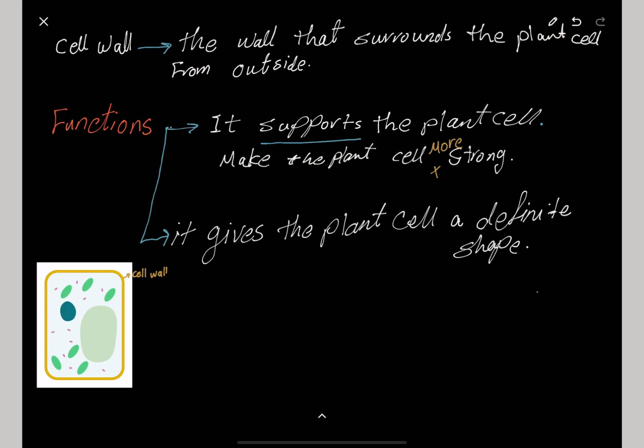What does that mean? If this wall takes a circle shape, the plant cell will be circle in shape. While if this wall takes a rectangle shape, the plant cell will be rectangle in shape, and so on.